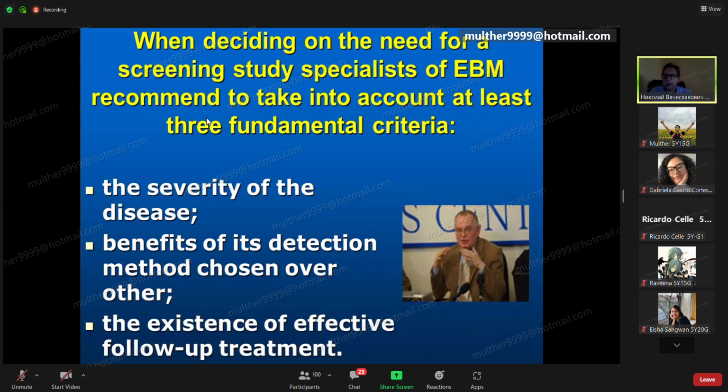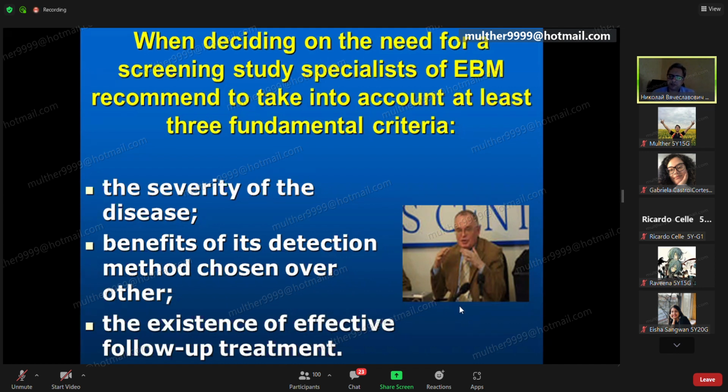If it's any temporary problem, such as flu, maybe not. No need to organize a special study. Second, the benefits of its detection, any disease detection method we are choosing, and the existence of effective follow-up treatment.